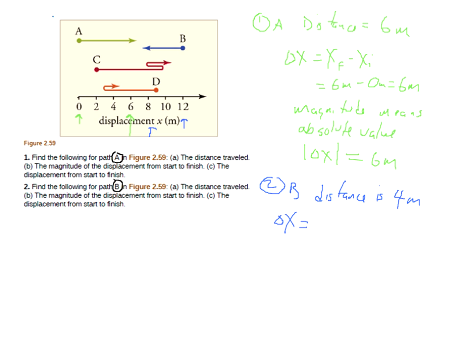Delta x is final minus initial, so final is 8 meters minus initial, which is 12 meters. So that comes out to be -4 meters. And by the way, I'm just keeping it as one significant digit. There are no decimal points here. So I thought I would just leave it as that. So that is the displacement. The magnitude of the displacement is equal to 4 meters.